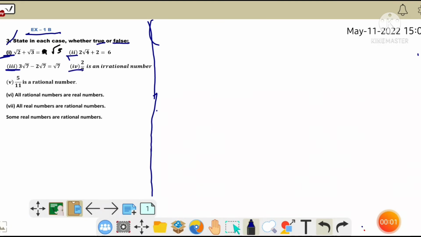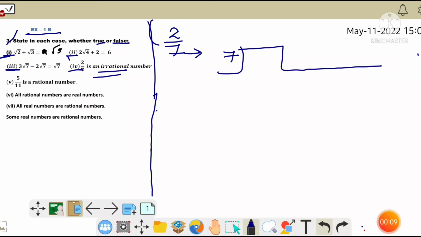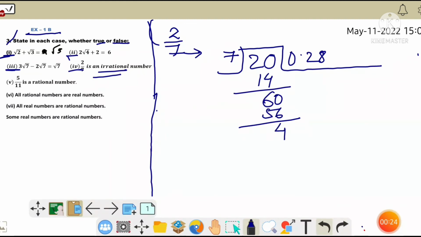Next is question number 4: 2 by 7 is an irrational number. For that we have to divide 2 by 7. So put a decimal, then we'll get 10. 7 2's are 14, we'll have remainder 6. Then 60, 7 8's are 56, we'll have remainder 4.